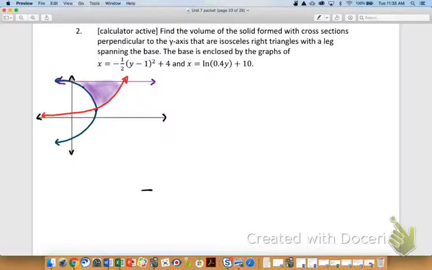Wouldn't these triangles maybe look about like this? I feel like that's a pretty good drawing. Can you see it?